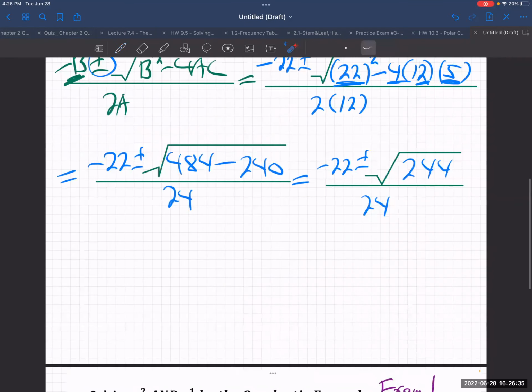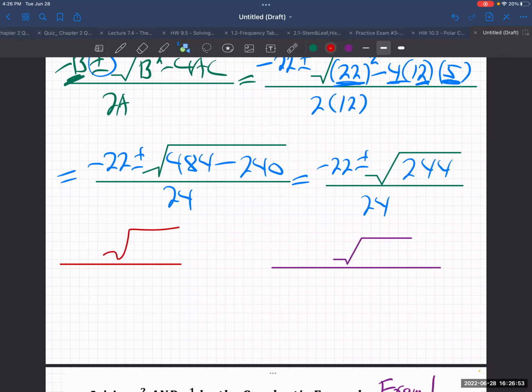How do you do that? Well, there's 2 versions here. I'll do them both separately. One of them is negative 22 plus the root of 244, over 24.